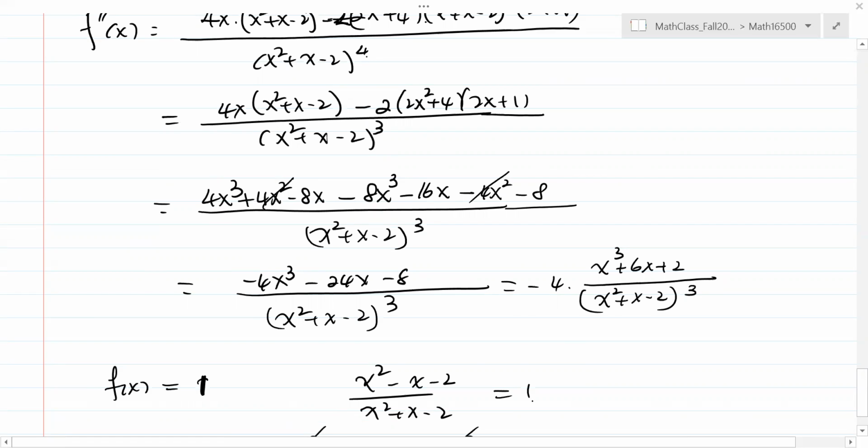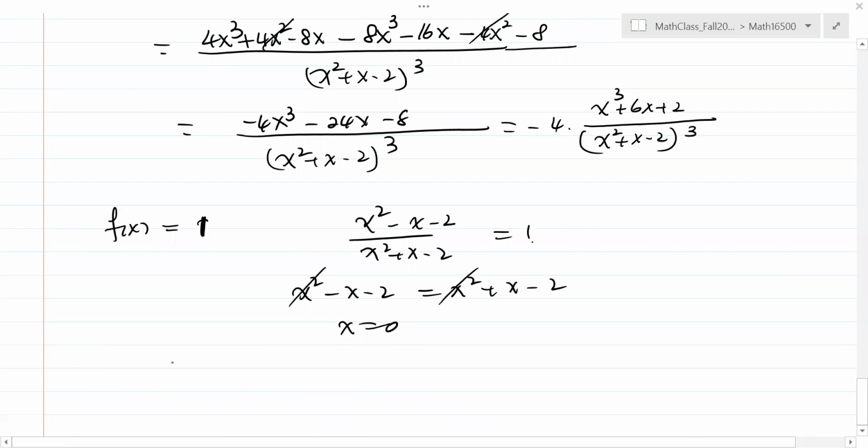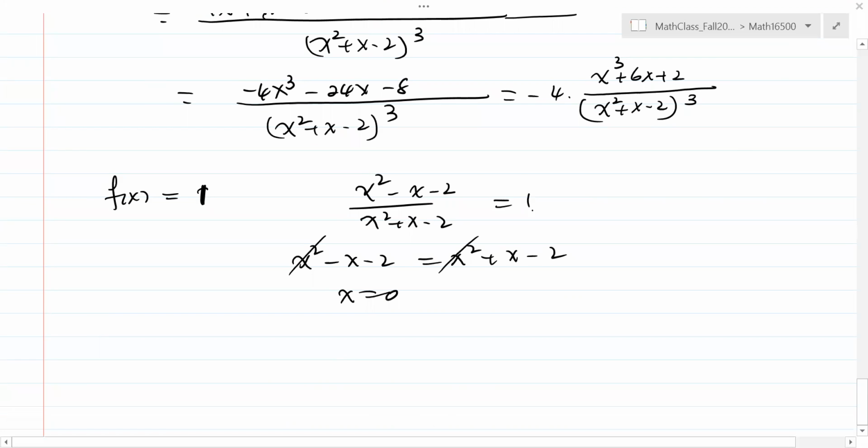So we are not going to find it. Yeah, it's difficult to determine the inflection point. I should have said that. So that's why the other two pieces do not intersect the horizontal asymptote. This is the only intersection point.